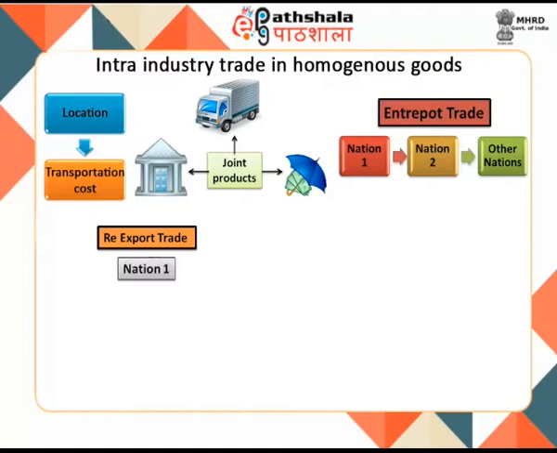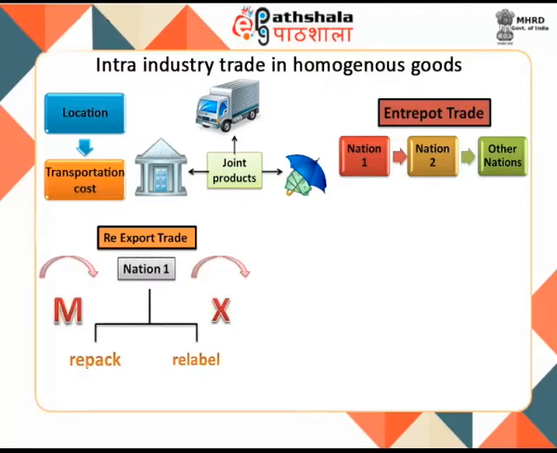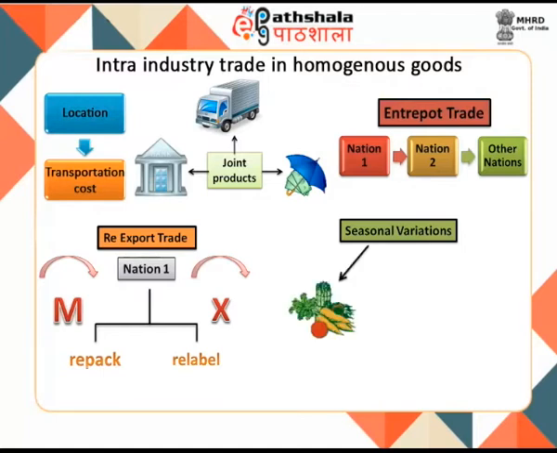For example, Nation 1 imports the goods and then repacks and relabels these goods for use in the countries to which they will ultimately be shipped. Seasonal variations. Seasonal variations impact both supply and demand, which results in intra-industry trade in homogeneous goods. For example, international trade in fruits and vegetables, electricity, and tourist services.